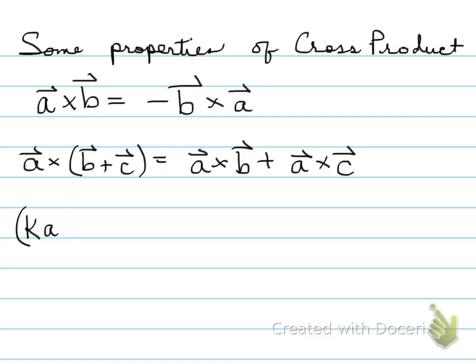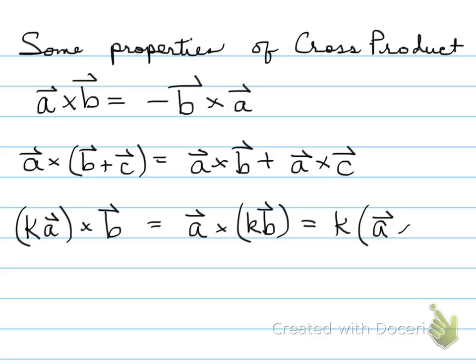The next one is if you have a scalar value multiplied by a vector and you've got a cross product with another vector, that scalar value can be applied to either vector or removed completely from the cross product. That's going to be important when you have to simplify certain aspects of the cross product. All right, so these are the properties of the cross product that we've gone through.